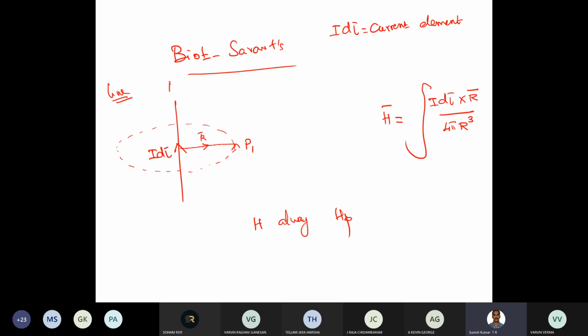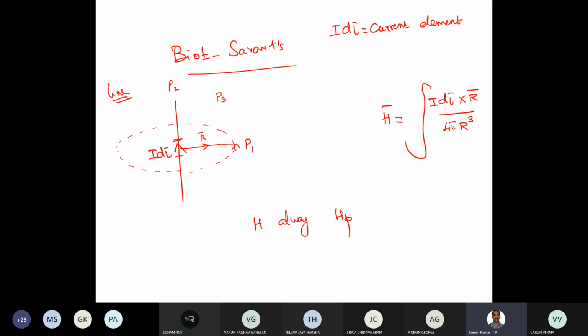Now if you consider a point P2, which is along the axis of the wire, what will be the magnetic field? We know already that the magnetic field will always be perpendicular to the wire. So along the wire, the magnetic field will be 0. Or if you take the point P3 here, what will be the magnetic field? Consider only this current element.